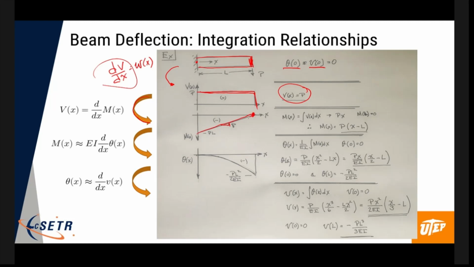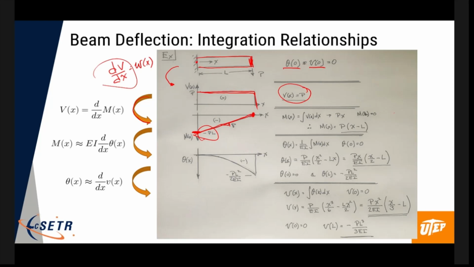So we're going to start at 0, and it's a straight line with a slope of positive P. And that means that the moment down here is going to be minus PL, right?